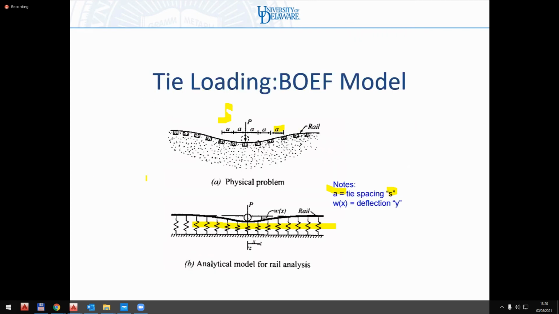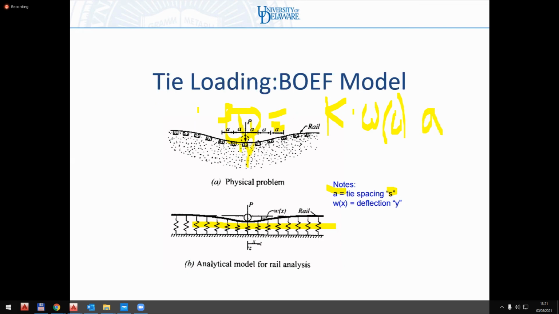So basically, this force P is my stiffness K times my deflection. This would be at X equals 0 by convention, so at W of 0, times A, with A over 2 on either side of it.